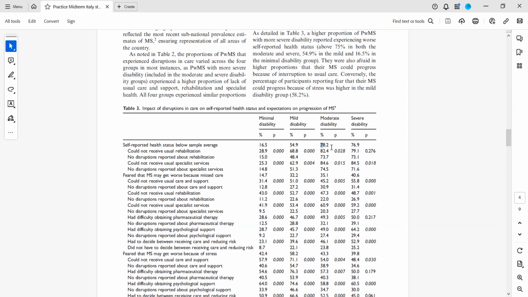Yeah, so is this a dependent or an independent variable? What are the independent and dependent variables here, in this relationship between disability and self-reported health?